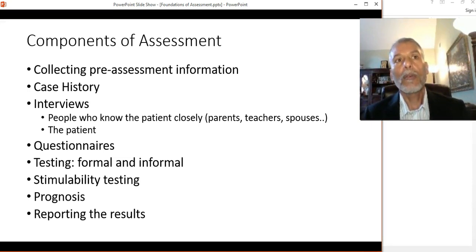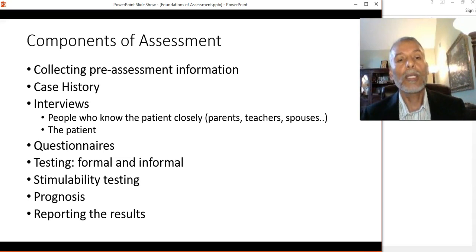You can call them informal instruments or informal measures. The informal ones are things that you can come up with, things that you might get from other resources.